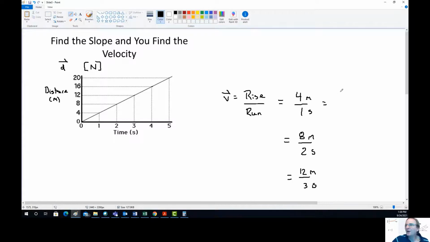Okay, 4 over 1 is 4 meters per second, always say per. 8 divided by 2 is 4 meters per second. Oh, okay, yeah, they're the same. They should be, it's a nice straight line. And that's got to be 4 meters per second. This is a really bad S on this 3, so my massive apologies. I'll put a better looking S there.